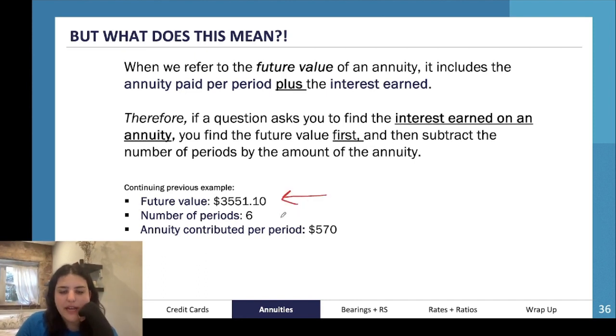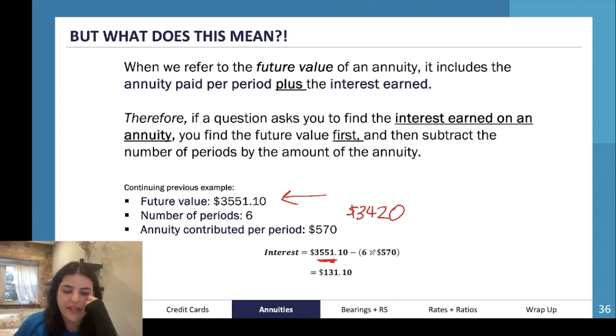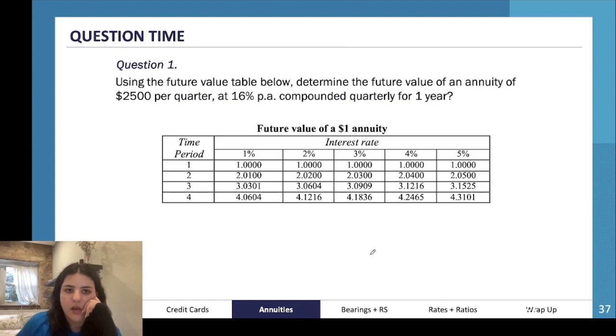Then you would find how much was actually your money originally, which was 570 times 6, so $3,420, and you would subtract that from the amount that you actually have earned, $3,551.10. So the annuity itself is mostly your money, but the bank has paid you $131.10.